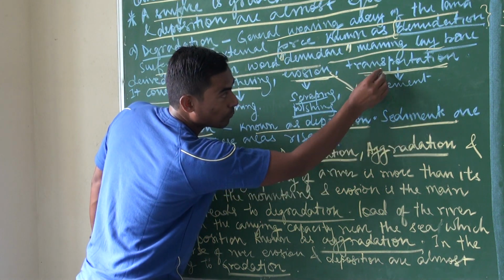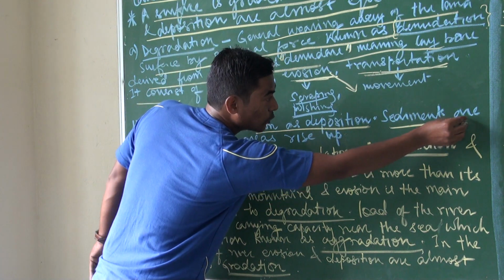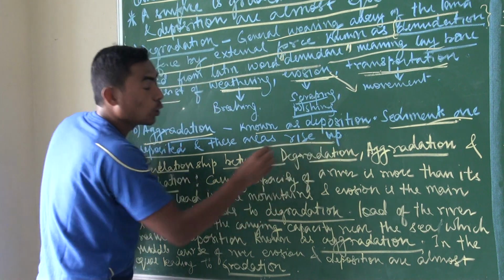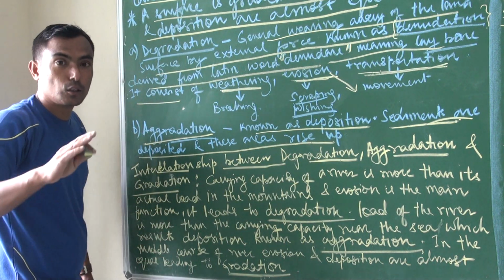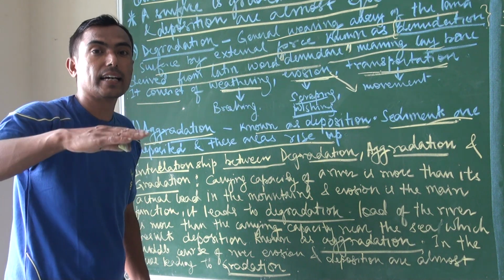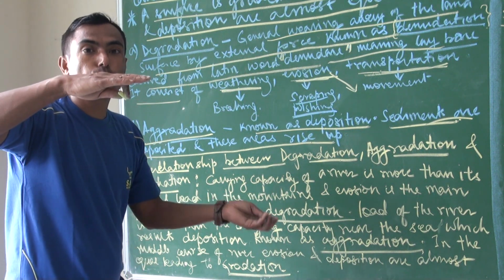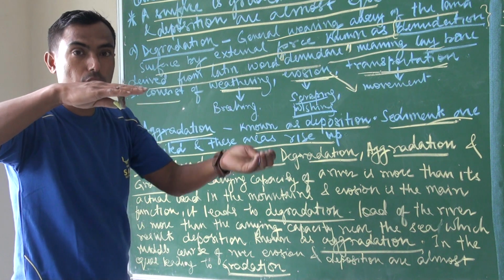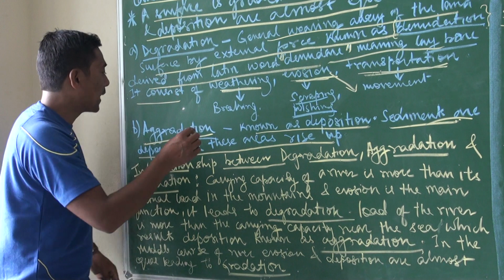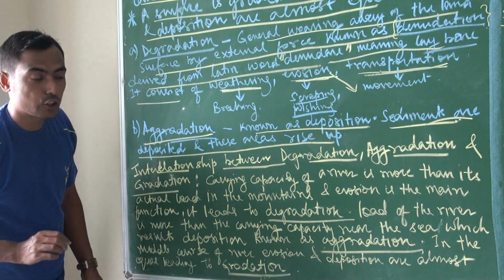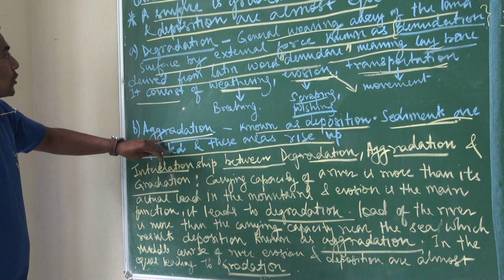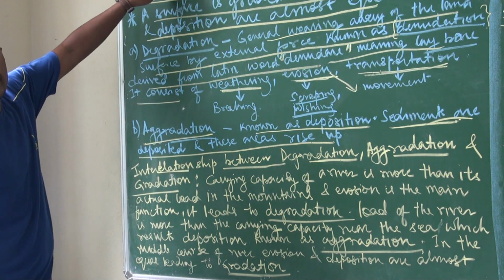The sediments which have been brought down are deposited in the low-lying areas, and the height of these low-lying areas rises up due to continuous deposition. The low-lying areas rising up is called aggregation.